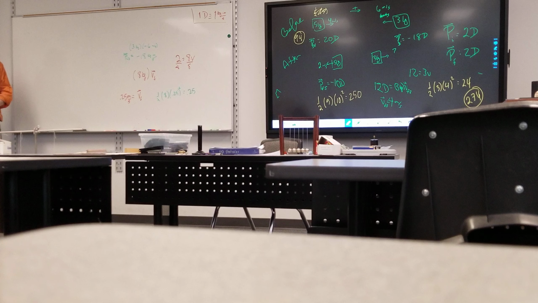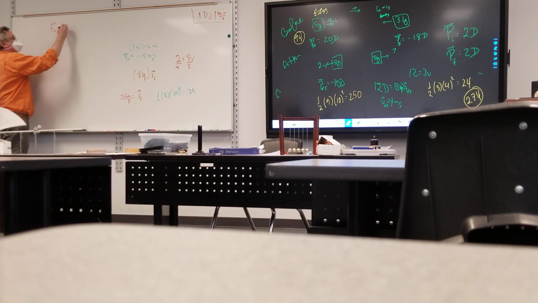So I'm going to start out with these two things that are colliding. Actually, I have a force on object A, and I'm going to multiply it times the displacement while that force is being applied.